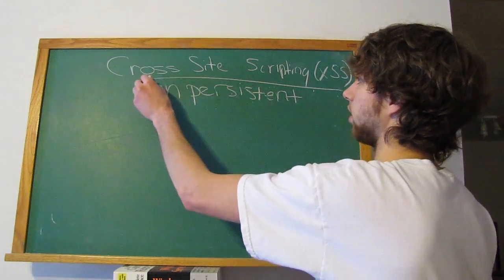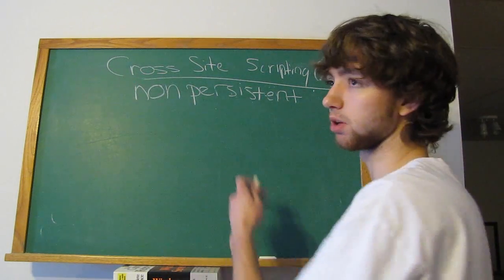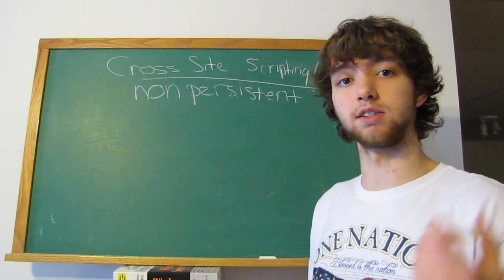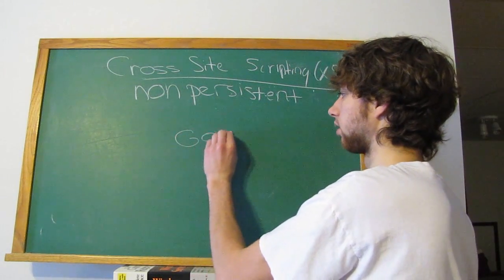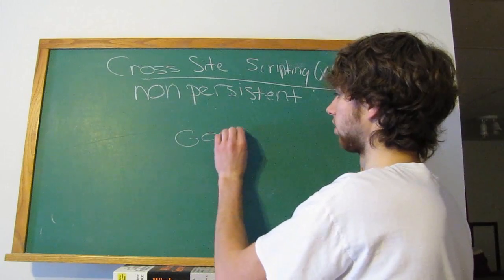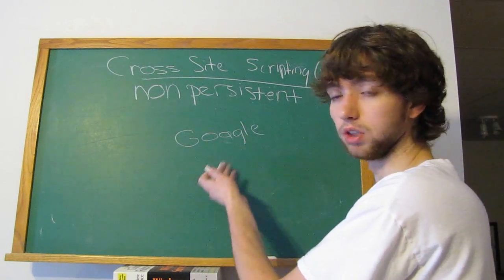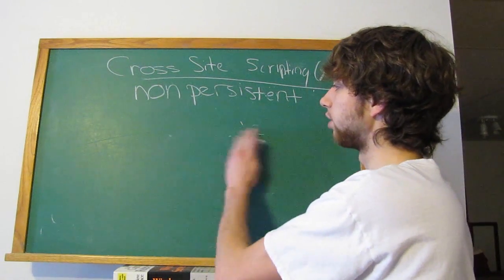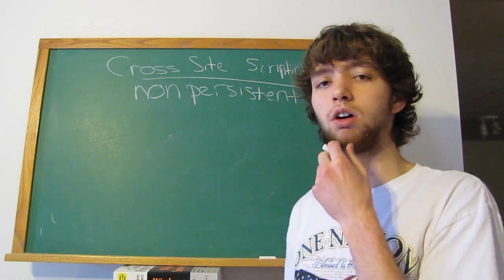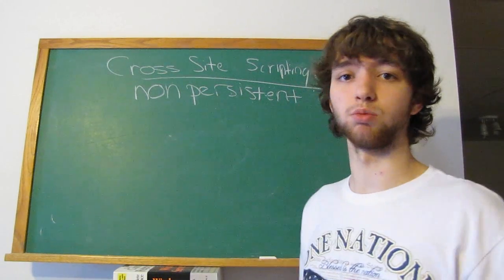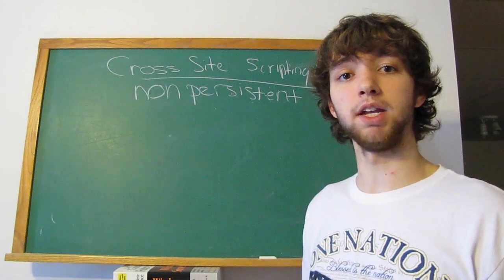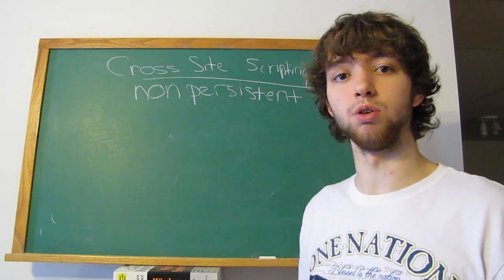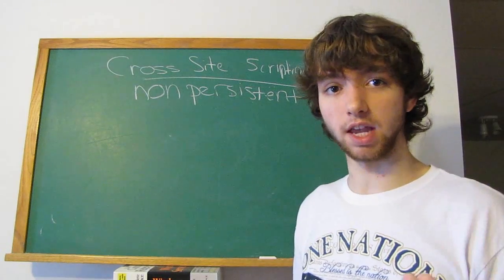Technically, for cross-site scripting, you would be using a safe looking website. So if you sent someone a Google link, well, they're not going to be like, I wonder if that's malicious, because it's actually from Google. So a cross-site scripting attack, the main goal is to get this malicious code on another safe website.